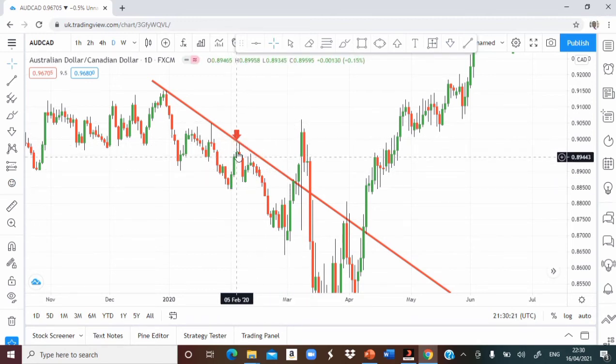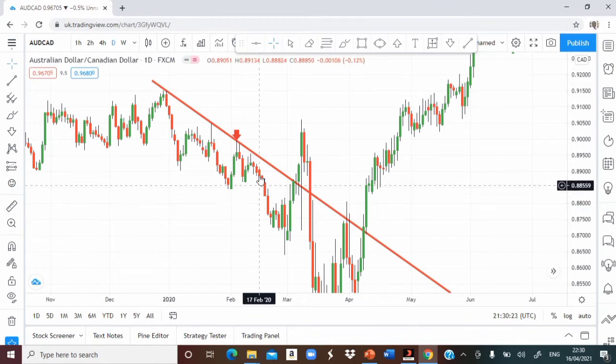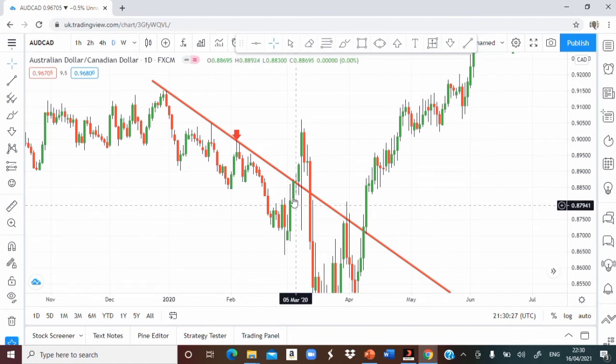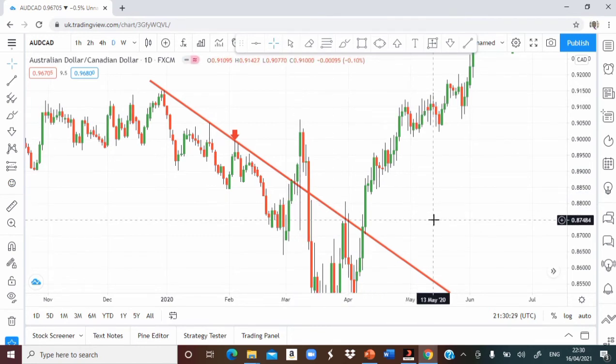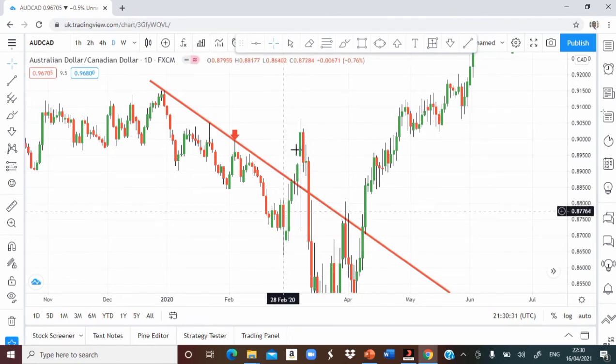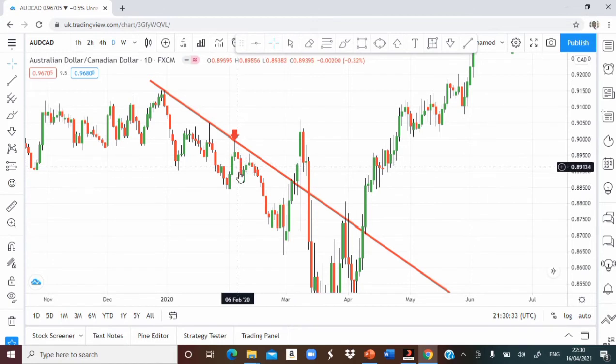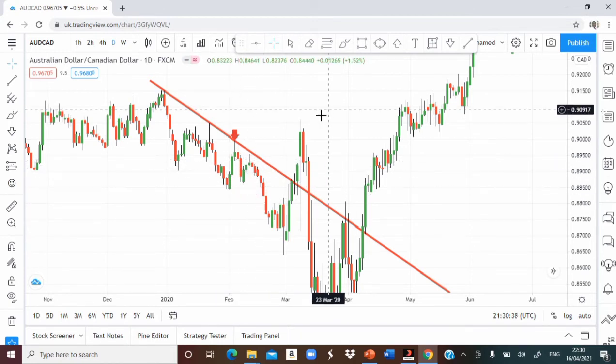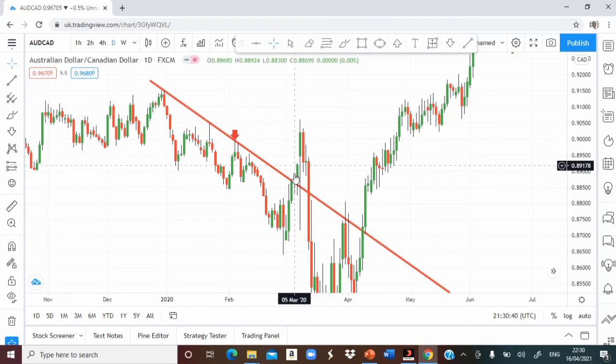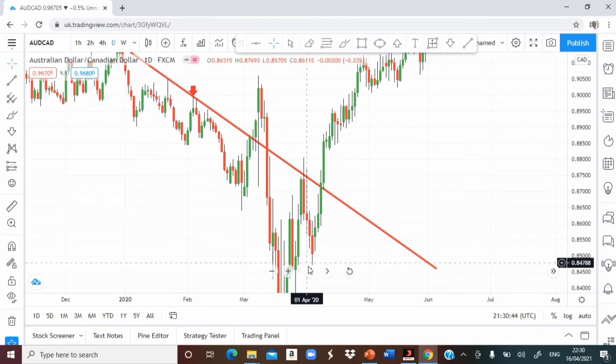If you miss this, don't chase the market. Wait for the second one to happen. If you miss this, don't chase the market, because anything can happen. Like what happened here can happen to you. It can just come down. Instead of going down, it will just wipe you.